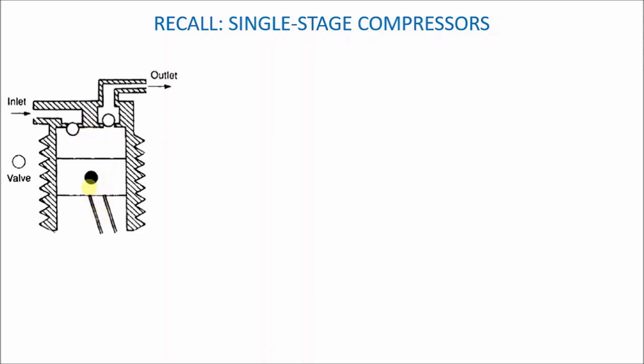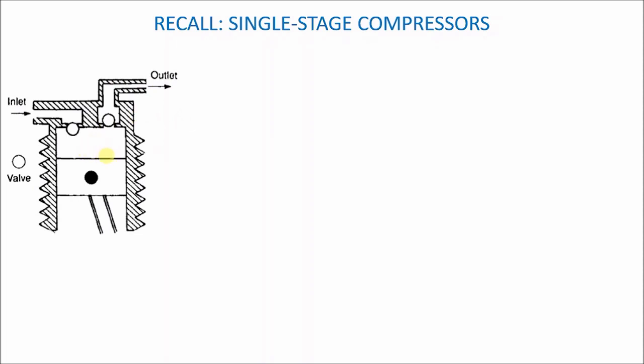And when the piston has reached the top dead center, which is the highest position that it can reach, okay, when it gets close to that position, the outlet valve is going to open, okay? And the reason the outlet valve is opening is so that the air that has now been compressed and that is now at a higher pressure can then be released through the outlet valve, okay?